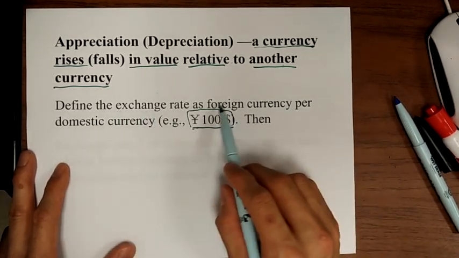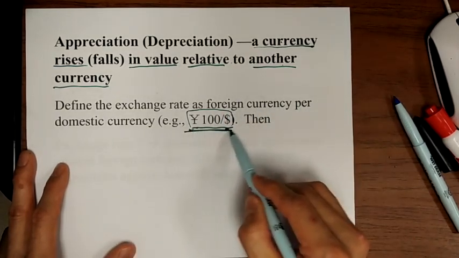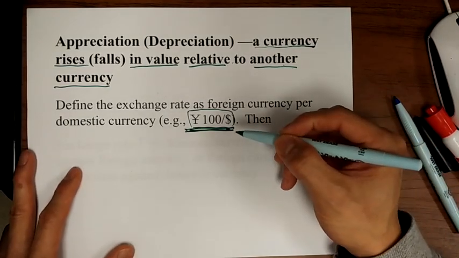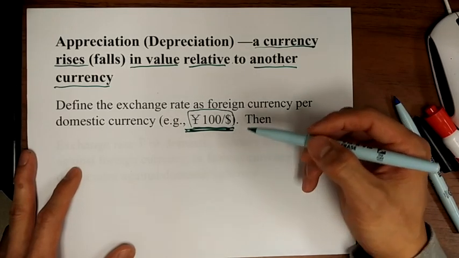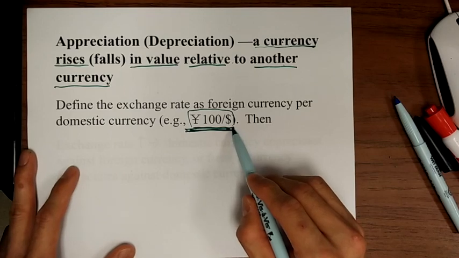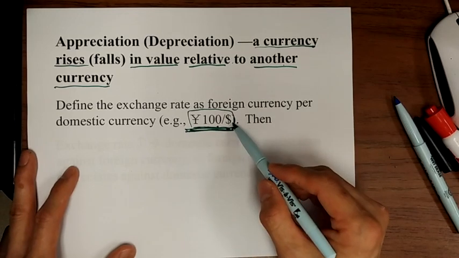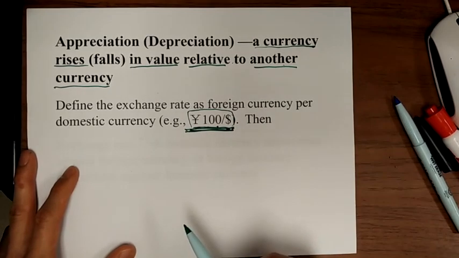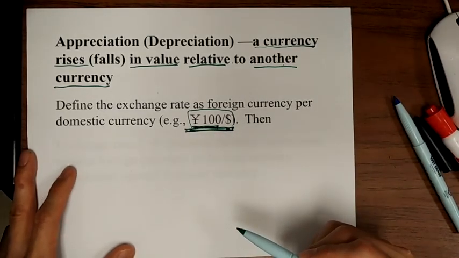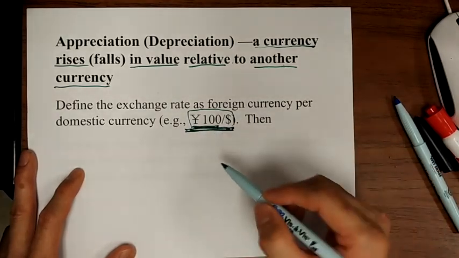So if you define exchange rate as foreign currency per domestic currency, if you see exchange rate like this, listen to me, it's very useful. Always interpret exchange rate like this as you use 100 yens to buy a dollar, or you use $1 to buy 100 yens. Again, this is very useful. Always interpret exchange rate this way.